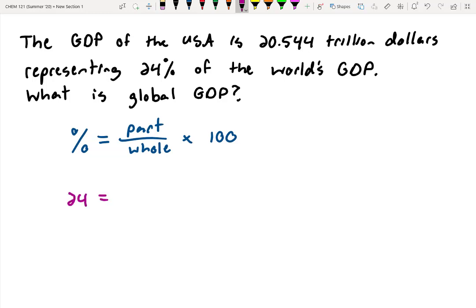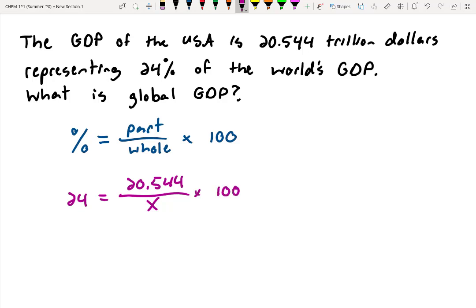The part is going to be 20.544 trillion. And what we're looking for is the whole GDP of the entire world. We could leave that as whole, or I could change this into a variable, I'll just call this big X. And we're going to multiply this by 100.